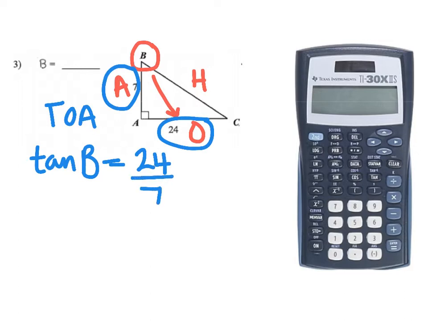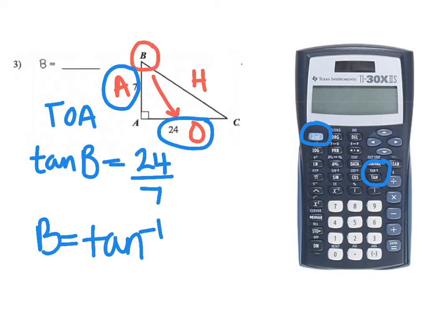So again, come over to your calculator and hit second tangent, and again above the tangent you will see tangent to the -1. And then 24 divided by 7.